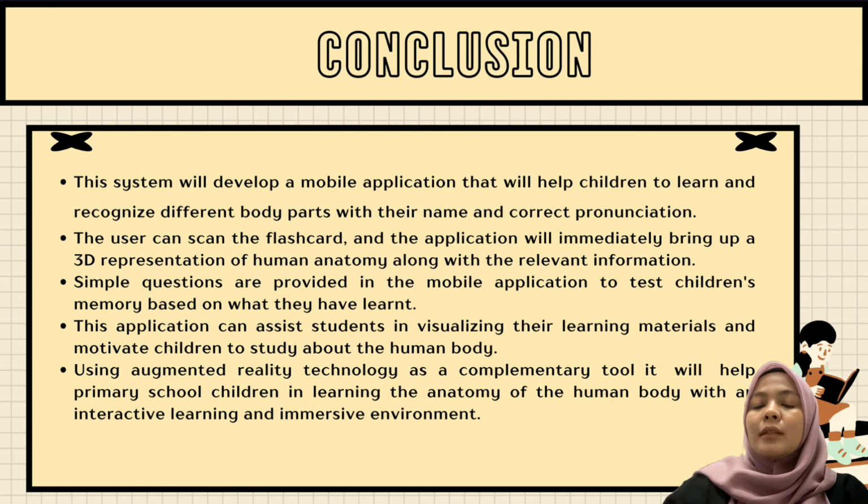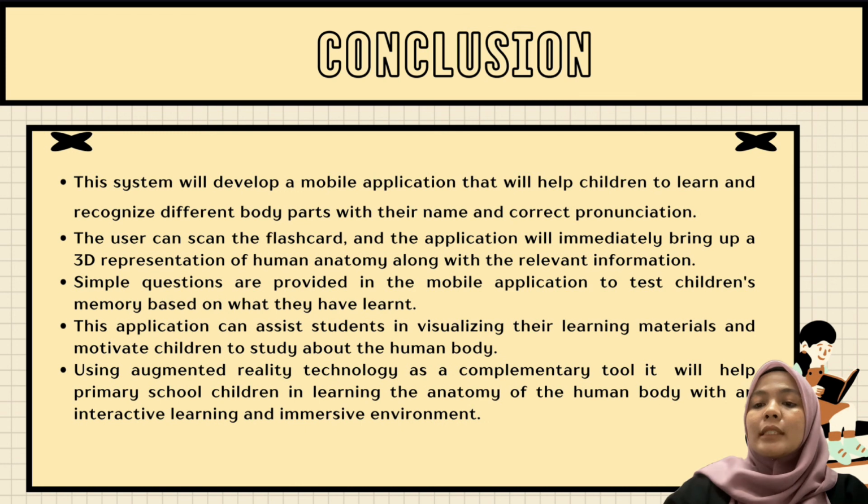This system will develop a mobile application that will help children to learn and recognize different body parts with their names and correct pronunciation. The user can scan the flashcard and the application will immediately bring up the 3D representation of human anatomy along with the relevant information. Simple questions are provided in the mobile application to test children's memory based on what they have learned.